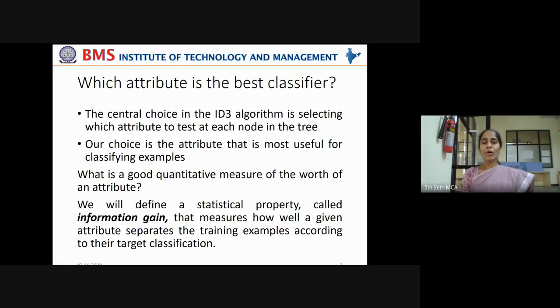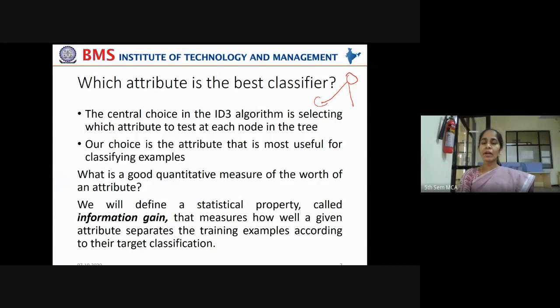Now, let us see what the approach is to find out which attribute is the best classifier, right? So the central choice in the ID3 algorithm is to select which attribute to test at each node in the tree. Start with the root node: which is the best classifier, which gives the better split of the training examples?